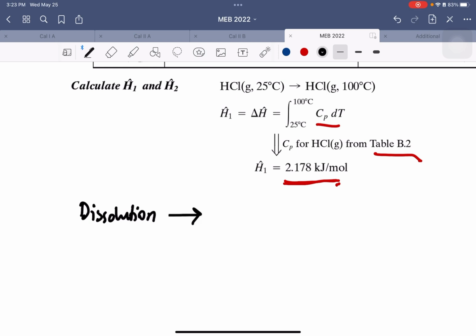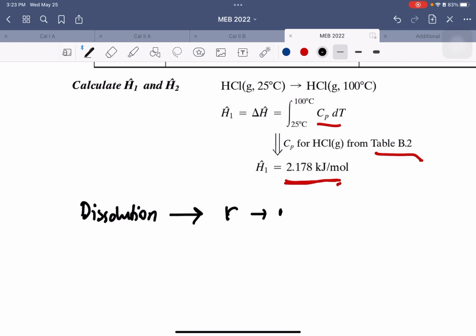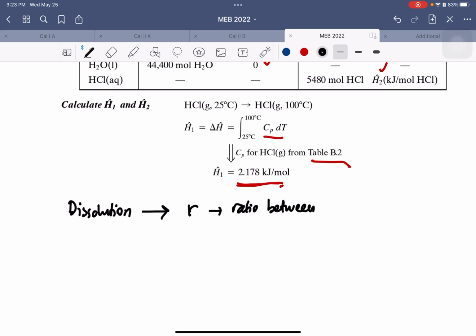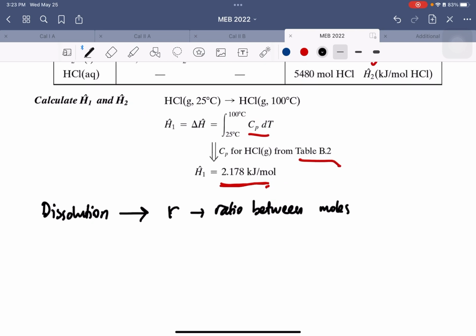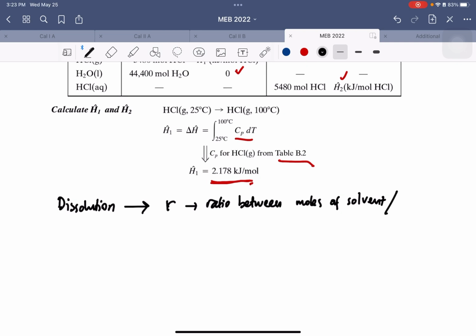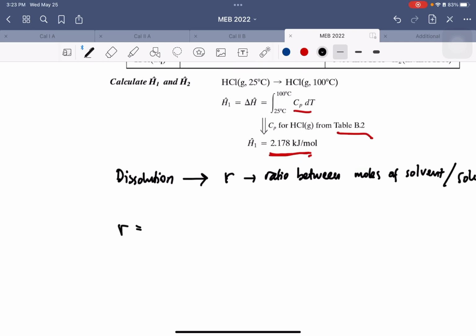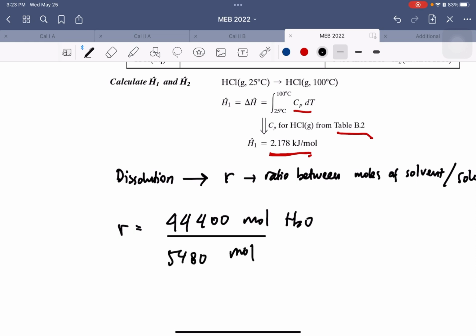In this solution, the important thing is there will be some R, which is the ratio between moles of solvent and solute. We have 44,400 moles H2O and 5,480 moles of HCl.